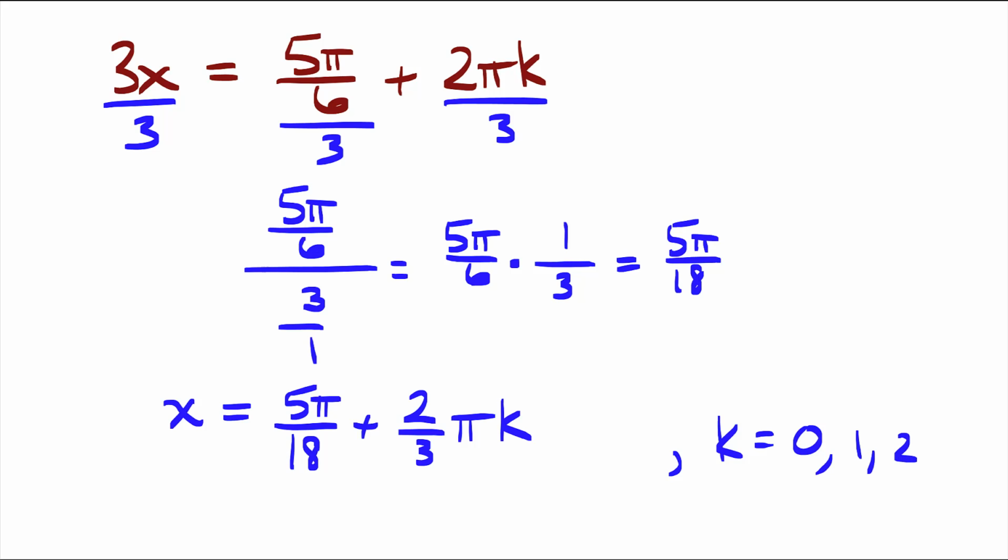Okay, here's the next slide, and there's going to be lots of fractions here. So let me rewrite my answers real quickly. This is pi over 18 plus 2/3 pi k.